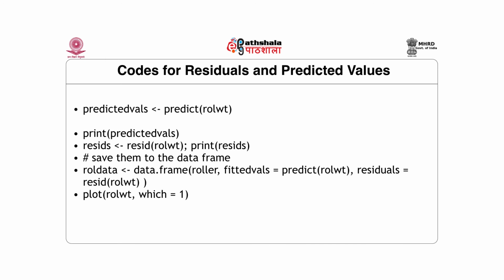What you can then do is start plotting the summary. Here is something that is very important. Look at the code which says plot, then we have opened and closed the parenthesis. We put the name of the object, which is roll weight in this case, and we have included an option which is referred to as which equals 1.